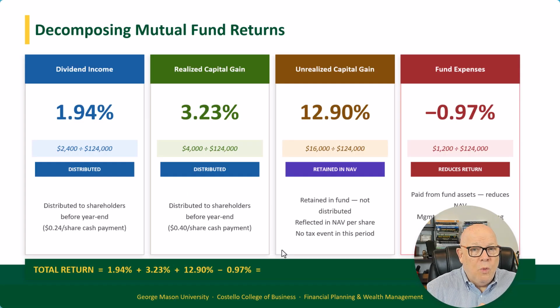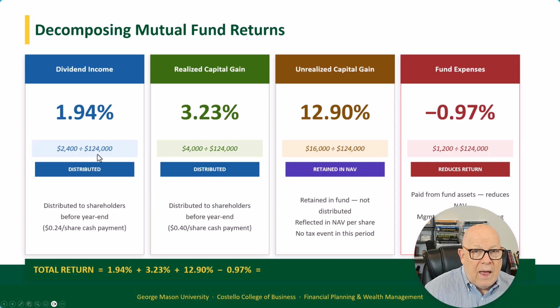Okay, so what types of returns did we earn during the year? So recall, we started out with an overall net asset value of $124,000 in the fund. We received $2,400 of dividends within the fund.